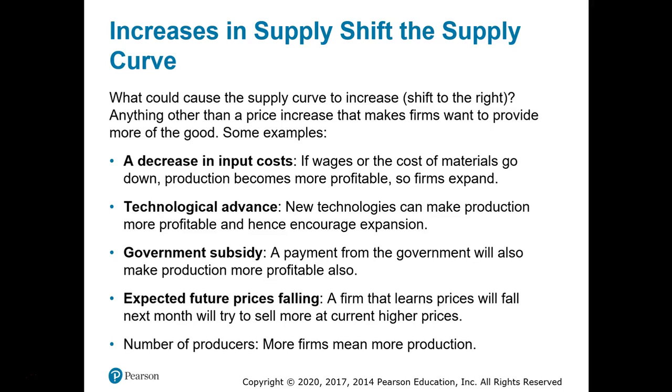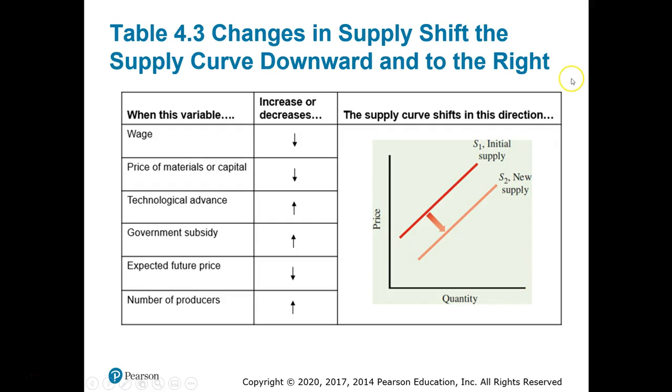Memorize these, okay? So here's an example, hopefully in chart form to make it easier. Wages decrease. That's going to shift to the right. Price of materials or capital decreases. Shift to the right. Technological advance or innovation increases production. Shift to the right. Government subsidy checks.